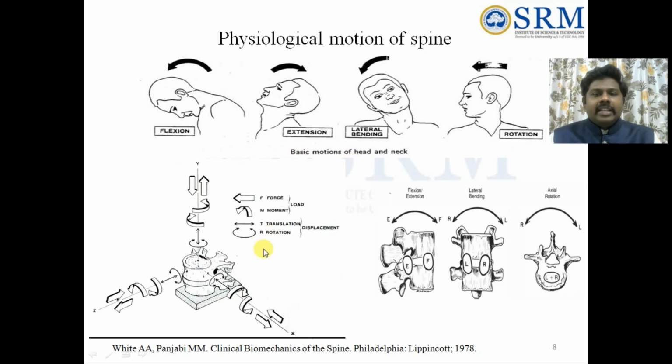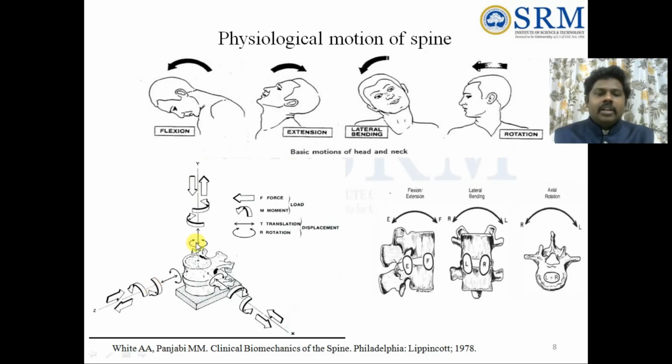Now while we are dealing with the mechanical terms, we will classify. I am taking a vertebra, a disc and a vertebra. That is called a functional spine unit. In this functional spine unit, I am considering forces, moments, translation and rotation.